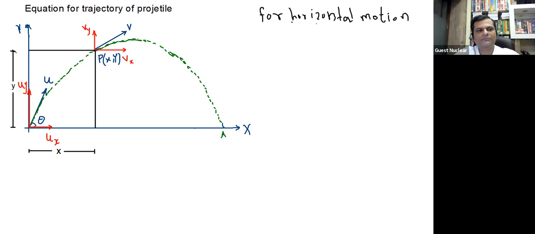If you have any doubt, ask quickly. See here, for the horizontal motion there is no acceleration. One more thing we can say is, in case of horizontal motion, since there is no acceleration, we can say that horizontal velocity is going to be constant.